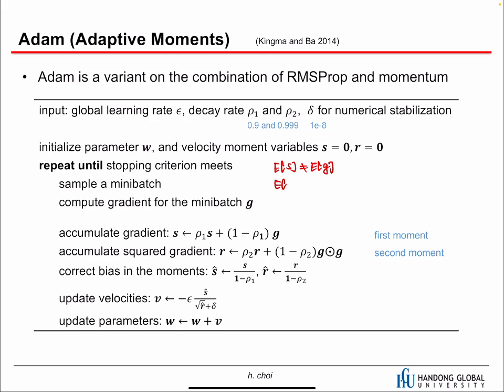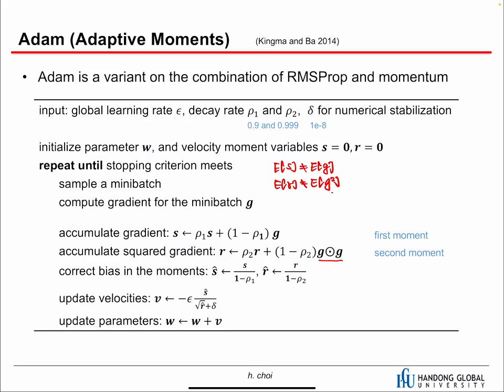And the expectation of R is not the same as G squared, because R is a moving average of G squared. Let's say this one is G squared here, then the expectation should be the same, but that's not the case because in the beginning of the training process, S and R were initialized as zeros.